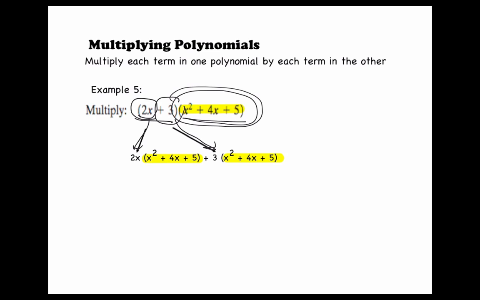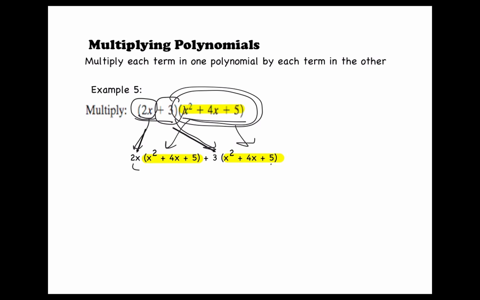And then this x squared plus 4x plus 5, I put that in parentheses in each piece. So what I'm going to end up doing is distributing the 2x, then I'll distribute the 3, and then we'll just combine like terms at the end. So this is kind of just a bigger version of that double distributing we just talked about.